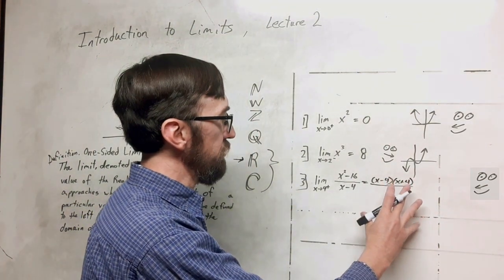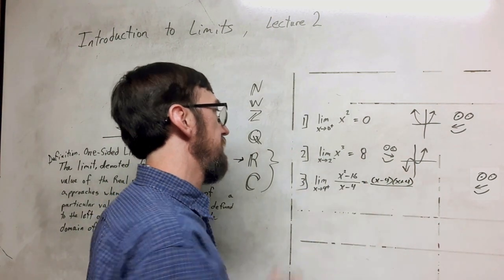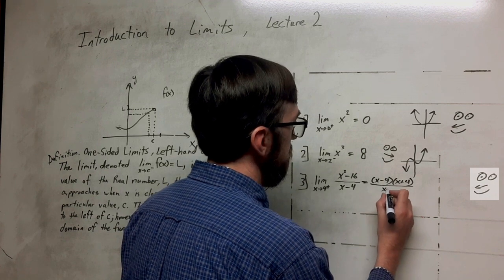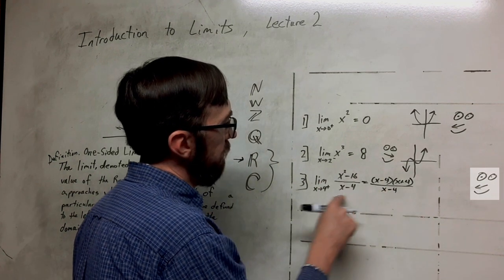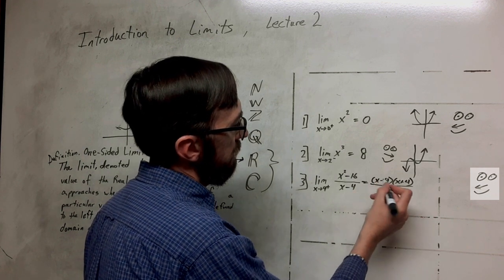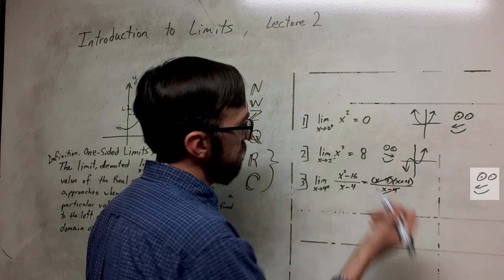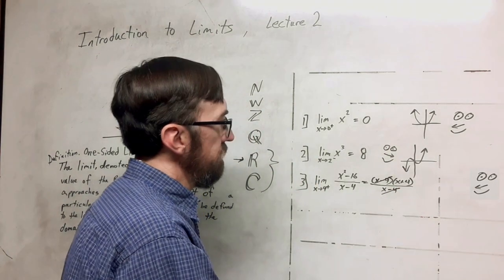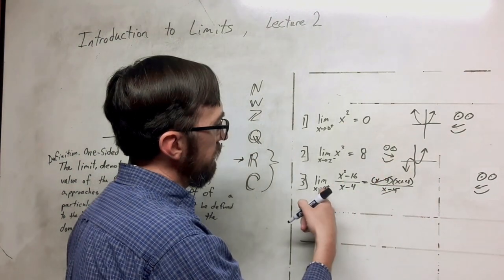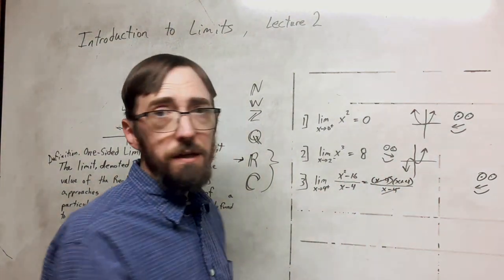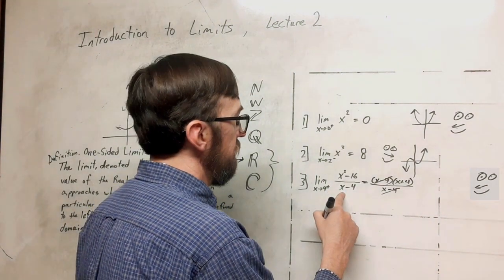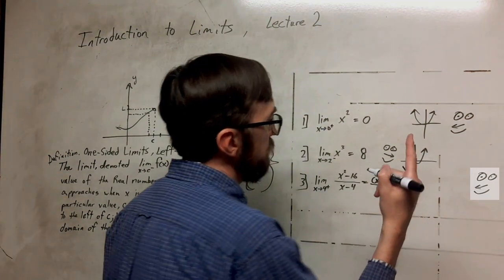You can do some double distribution and see that you will arrive back here. And then the denominator is the same here. So this function is this function. Notice that we have an x minus 4 here and an x minus 4 here. So we can look at just what happens when we plug in 4 for x plus 4. In that case, it's 8. So when we look at the limit of this, it's going to approach 8.